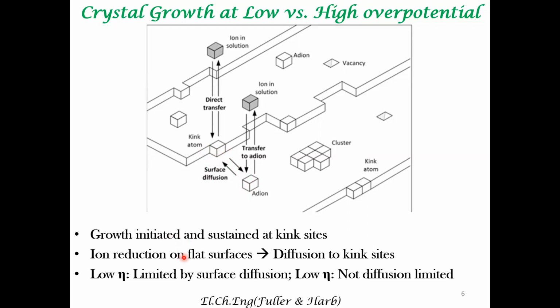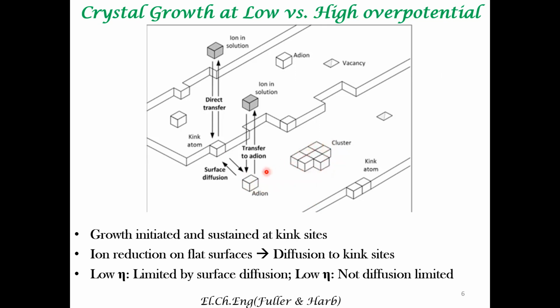Unlike this scenario, you may also electrodeposit at high overpotential, in which case an ion that gets adsorbed onto the flat surface may get reduced, and another ion can get adsorbed along this site and get reduced, and you may form a cluster.